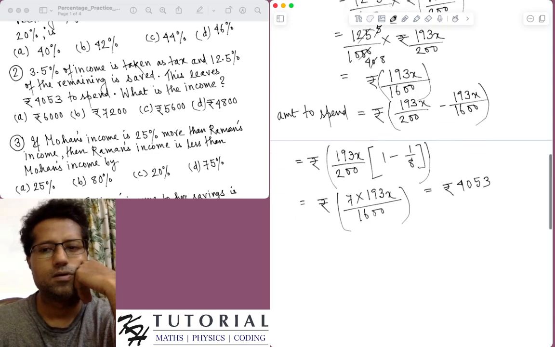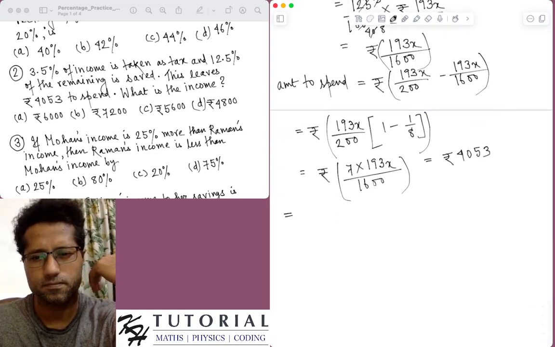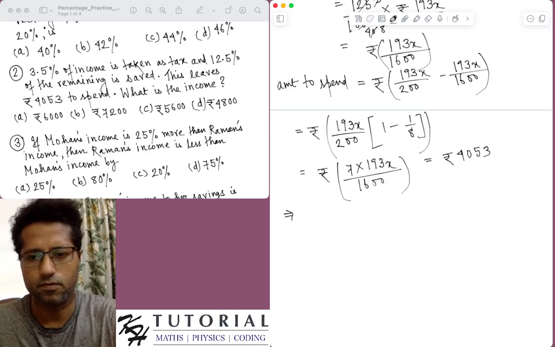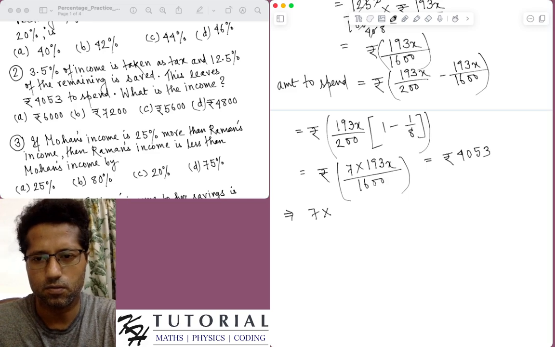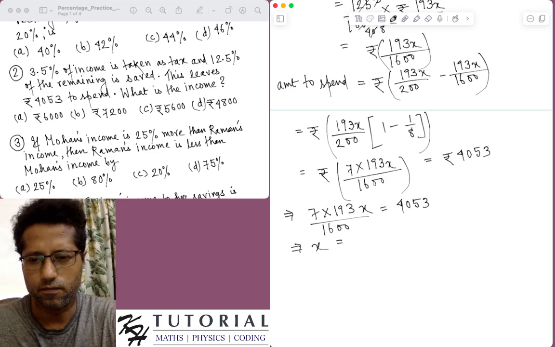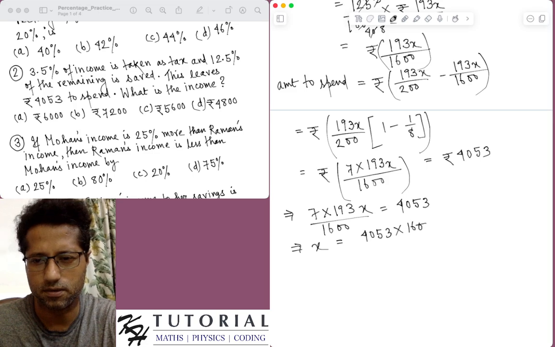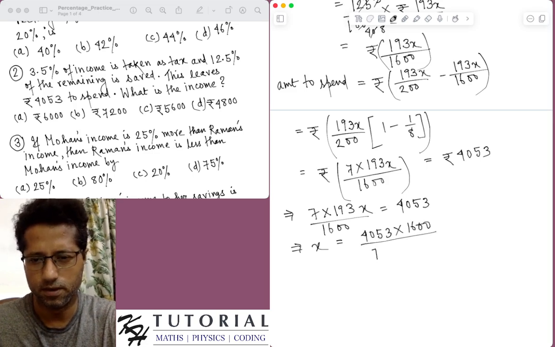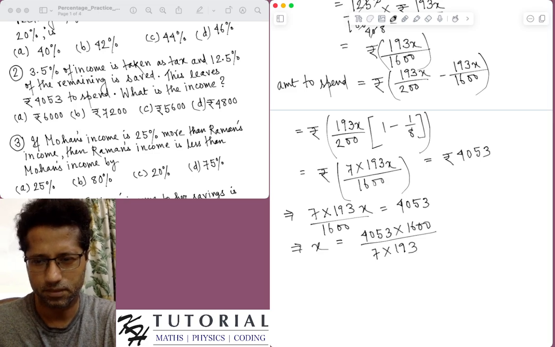So 7 into 193 X divided by 1600 equals 4053. This implies X equals 4053 multiplied by 1600 divided by 7 into 193.